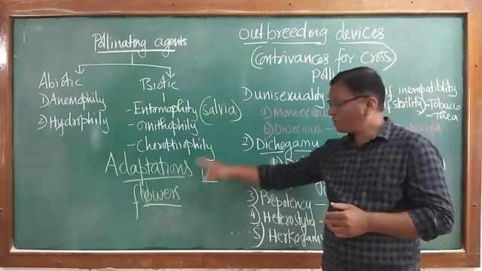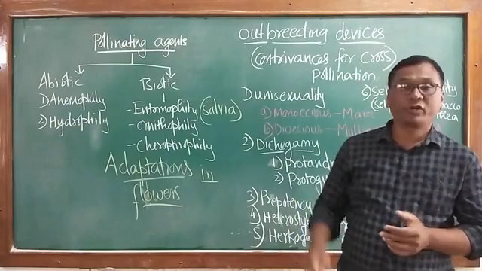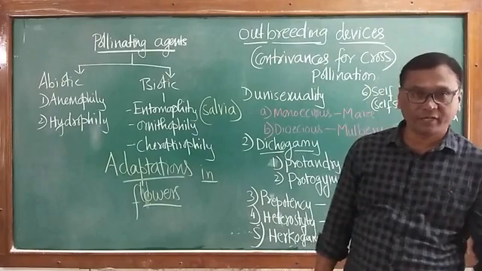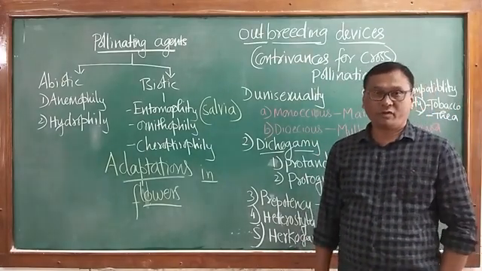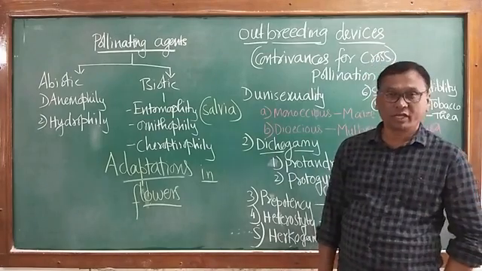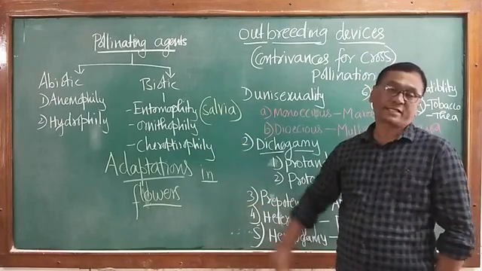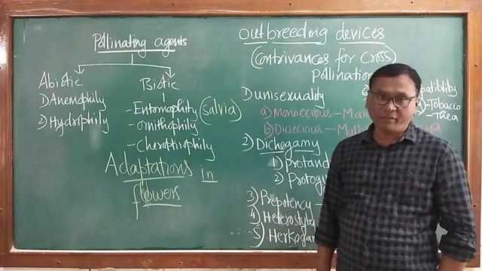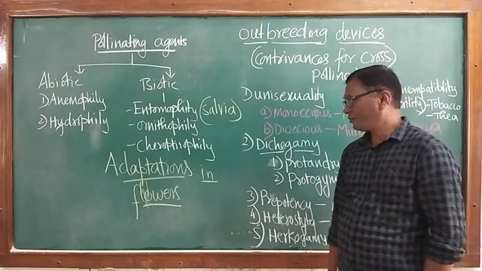Therefore, the flowers which get pollinated by Ornithophilia do not produce any scent or fragrance. So, the poor sense of smell in birds is to be remembered, which is not a characteristic in the flower. So common examples: hummingbird, sunbird.